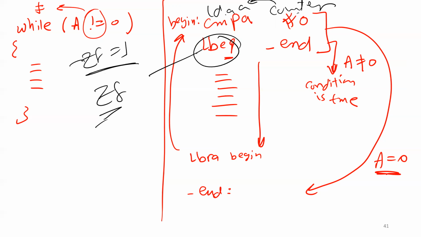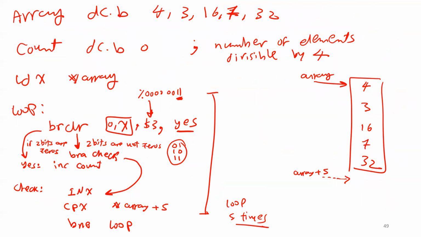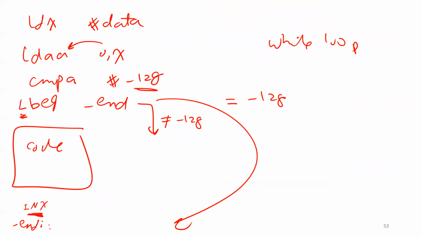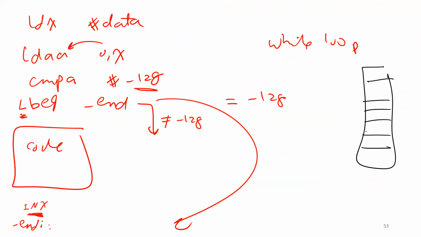Okay. So this is an example for while loop. Also, we did while loop in the last lab. So also I explained here how you can do while loop for the last lab as well. In the last lab, you have an array. In every iteration we have a pointer. This pointer is here in iteration number 0, then this pointer is here in iteration number 1, this pointer is here in iteration number 2, and so on.